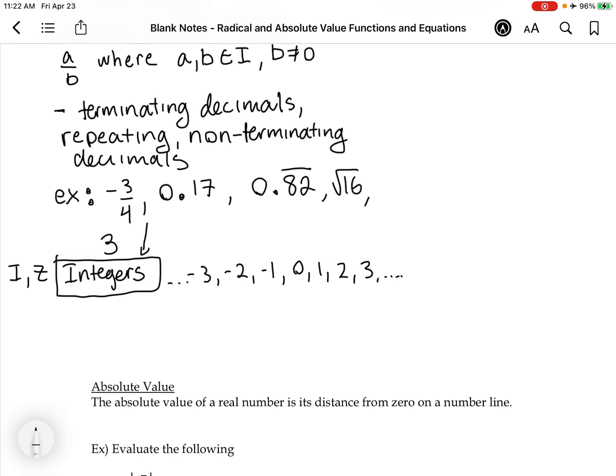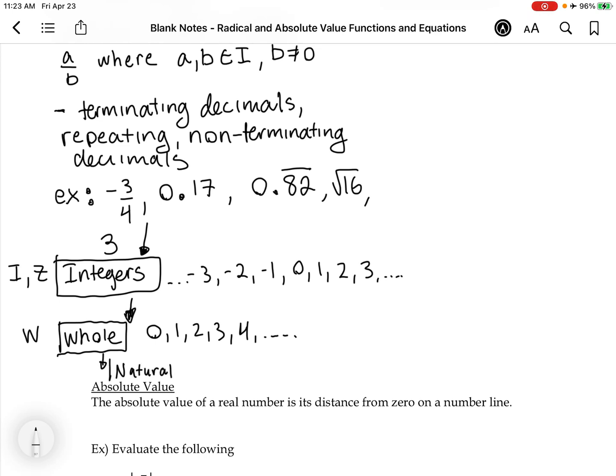So the integers are a subset of the rational numbers, meaning there's a smaller set of numbers within the rational numbers called the integers. Within the integers are a smaller set called the whole numbers. And whole numbers, we use the letter W to abbreviate those, are basically integers that start at 0: 0, 1, 2, 3, 4, etc. Okay, and then within the wholes are, I'm running out of room here, but I'll squeeze it in, the natural numbers.